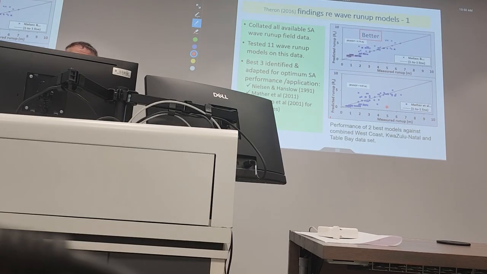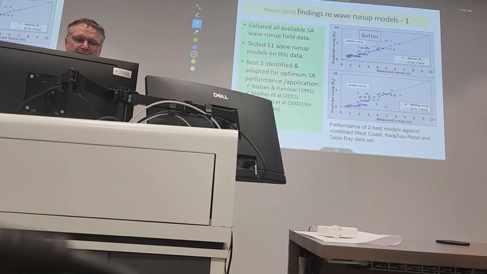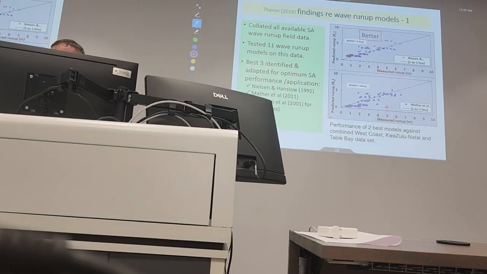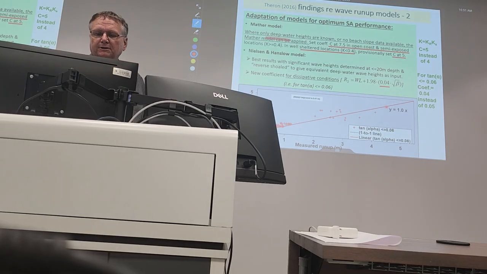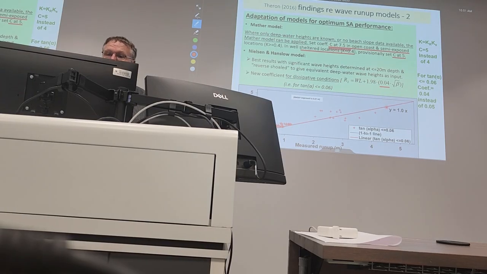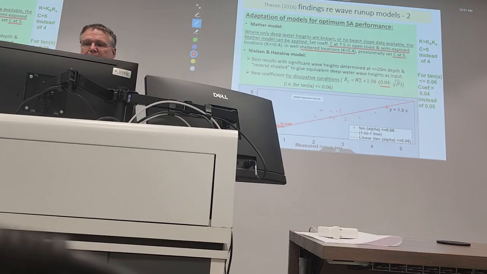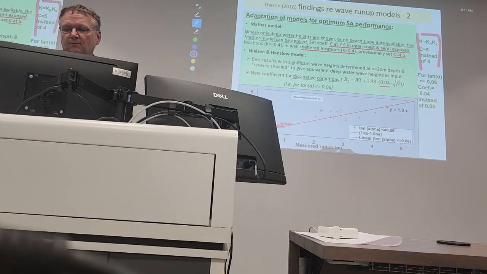So this is just Prof. Karan's work, basically what he found with wave run-ups. He tested and found that the best are basically these two that we're using, plus another one. We're not using that one at the moment, but in this course. And then there are also some adaptations that we can do for that, only in deep water heights. So once again, just make sure it's deep water heights. Our C coefficient we can set at 7.5 when we're calculating our K value, which we've done.